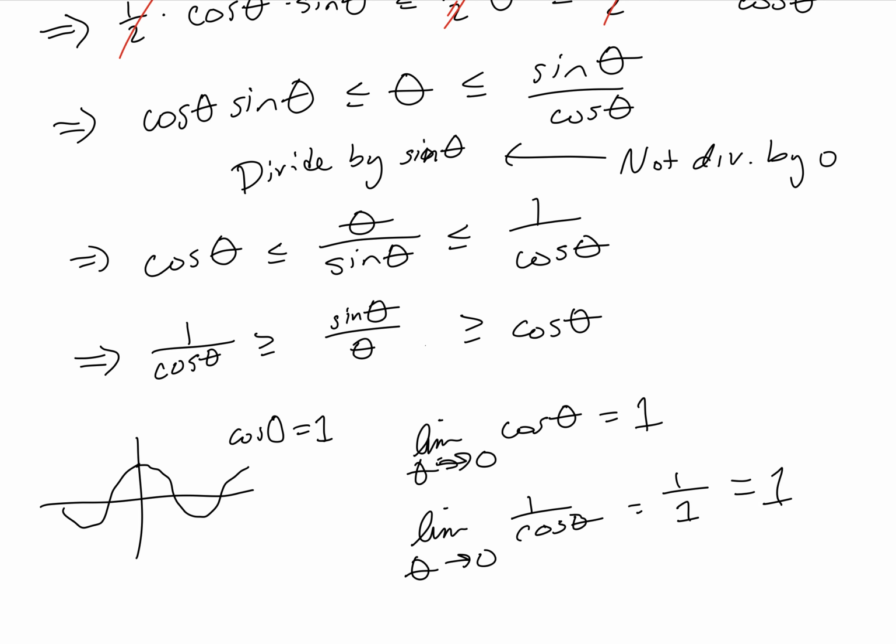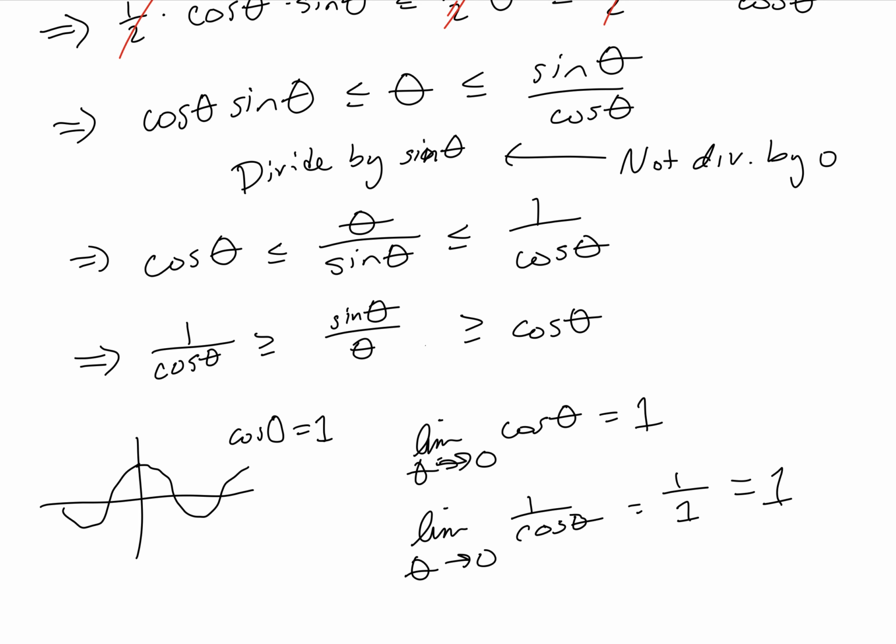So awesome. We have basically got everything. We just need to write it up. We see that sine theta over theta is bounded between those two functions. Cosine of theta is less than or equal to sine theta over theta, which is less than or equal to 1 over cosine of theta. And this is for all theta not equal to 0.